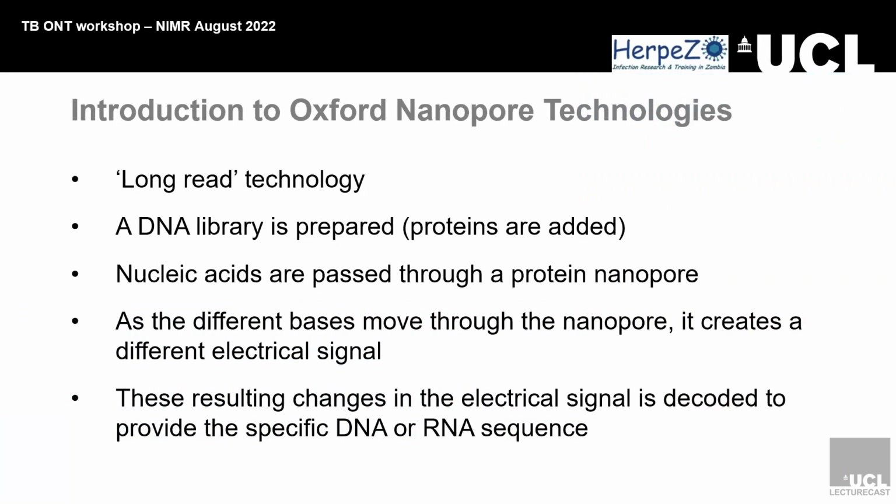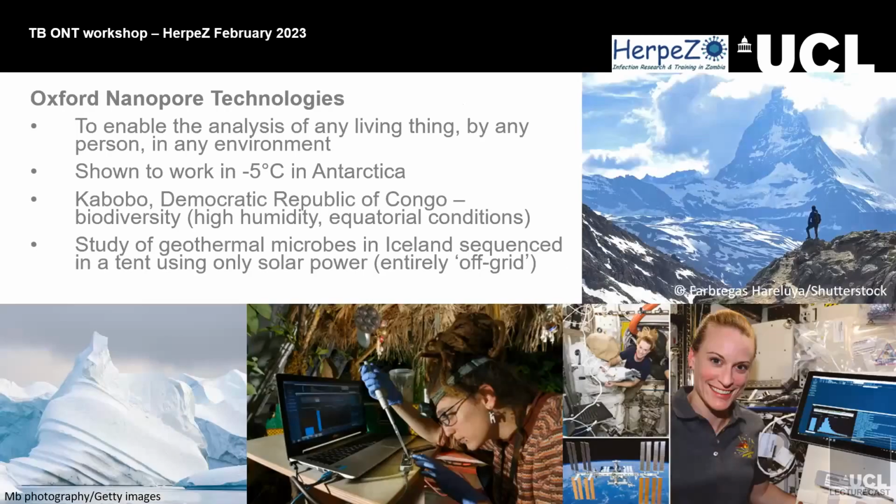Okay. So Oxford Nanopore Technologies developed the MinION for sequencing of organisms in more remote, inhospitable environments. So you can carry the MK1C, which doesn't even need an internet connection to read off.